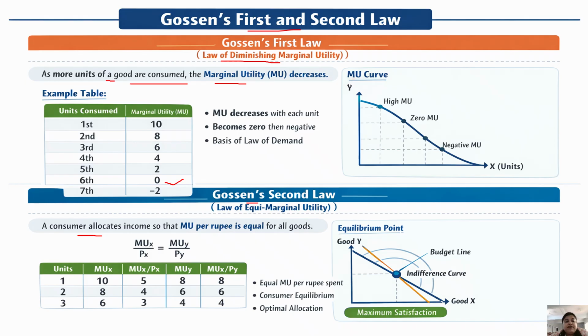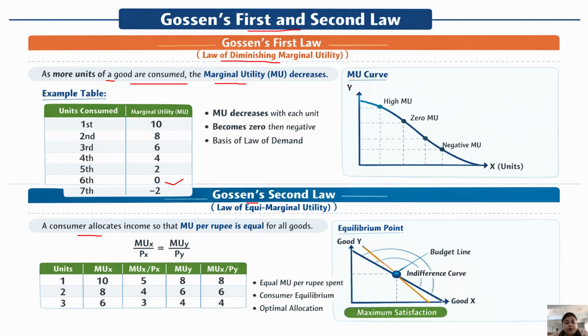There are two goods we have taken, MUX and MUY. The marginal utility of X divided by the price of X is equal to the marginal utility of Y divided by the price of Y. It says that for both goods the consumer consumes, they are equal.